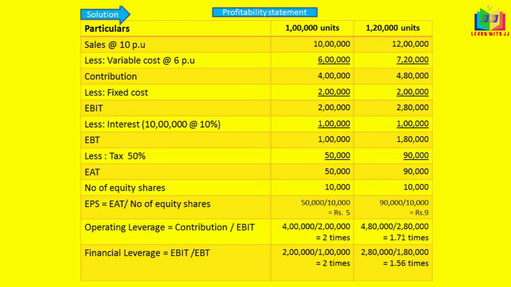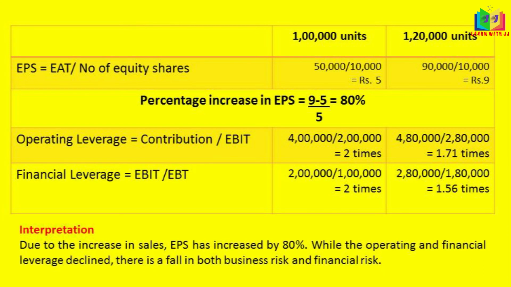Now we have to comment on the risk position. Here there is an increase in sales. Due to the increase in sales, the EPS has increased by 80%. The operating leverage and financial leverage decrease.